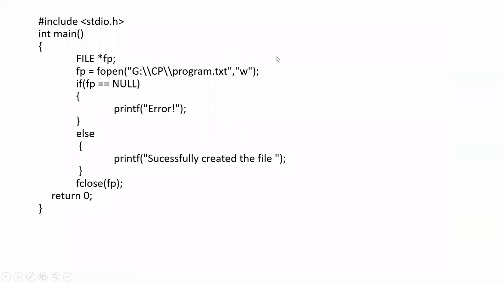Now, let us see an example. First we have declared a variable fp, that is a file pointer. Now we are going to open the file program.txt in w mode, that is, write mode. So fp is equal to fopen, the path name, comma, w. This means that my file is in the folder cp in G drive.